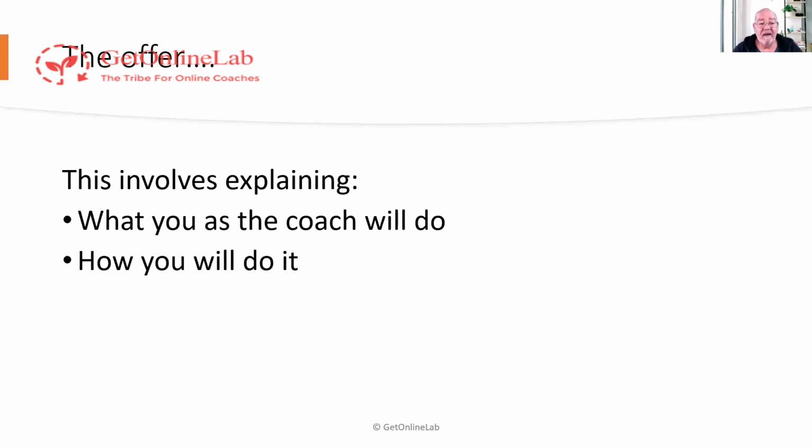This involves explaining what you're going to do as a coach, and explaining to people how they're going to do it. So if we think about the flow, we've maintained interest, hopefully, in the way that we've written our copy. We've attracted them with a headline. Yes, you understand my problem, so I'm interested in learning what you can help me to do. Now I'm starting to become curious about, well, all right, so how are you going to do that, big shot? And so this is where we get to the offer.